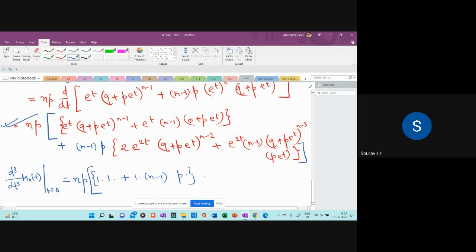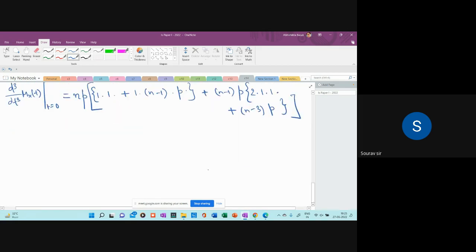That is the first portion, plus n minus 1 into p, and again we have 2 into e to the power 0, that is 1, q plus p gives 1, plus e to the power 0 is 1, it's giving n minus 3, again 1, and giving p. It needs a little more simplification.